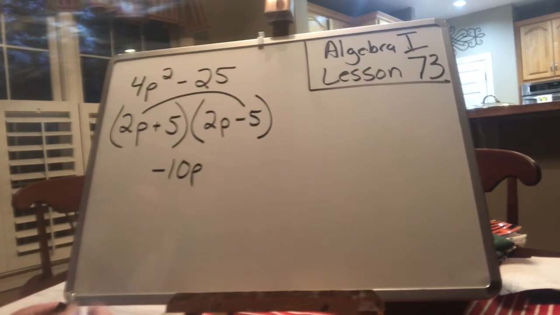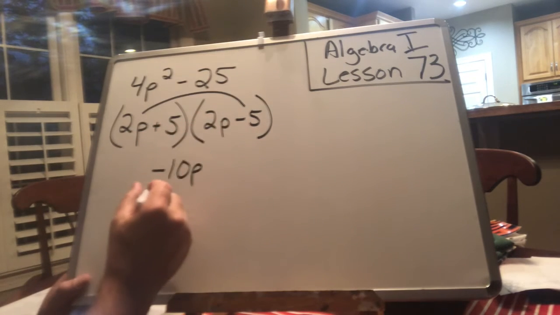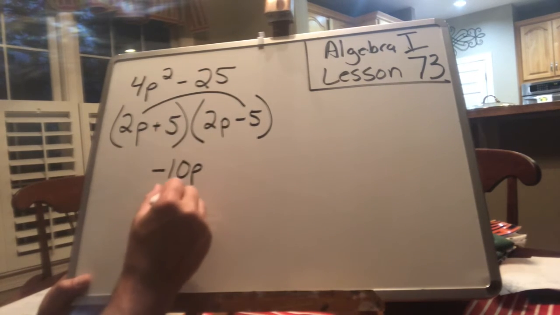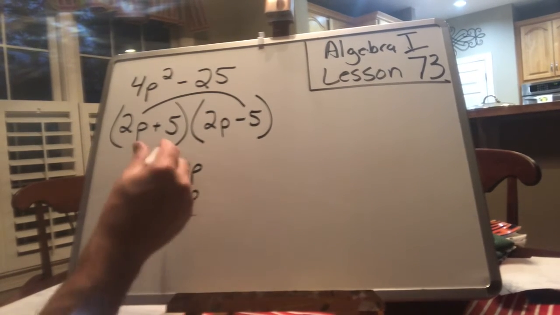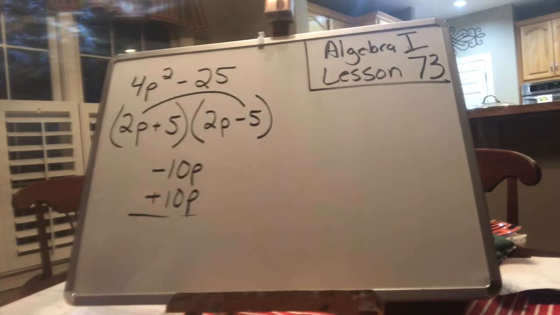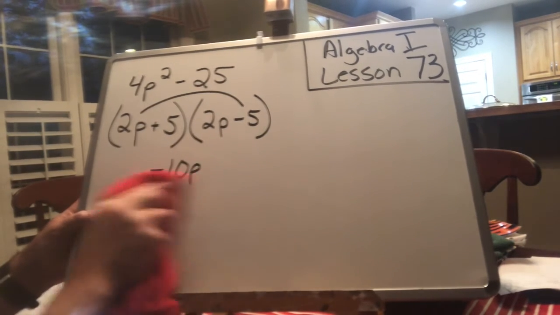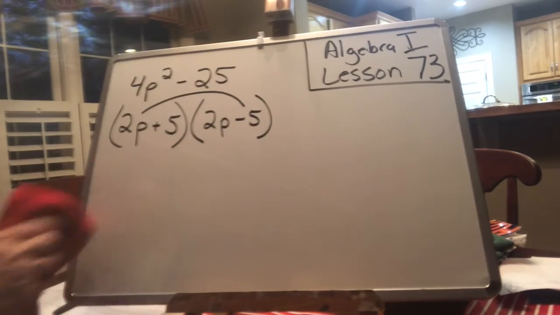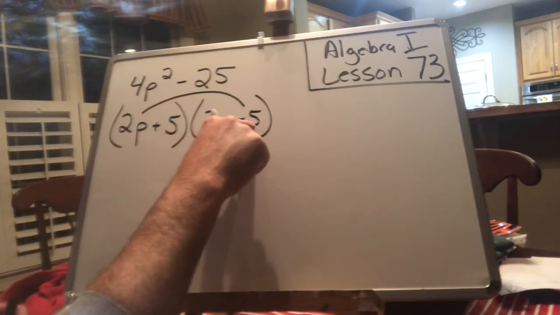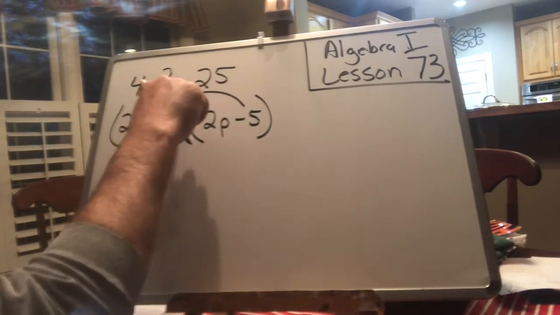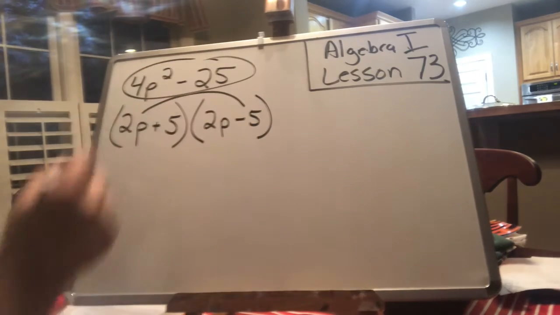And if I multiply positive 5 times positive 2p, I'm going to get positive 10p. If I'm adding these two together, they cancel each other out, and I'm left with the final multiplication, which is positive 5 times negative 5, which is negative 25, and I'm back to my original problem.